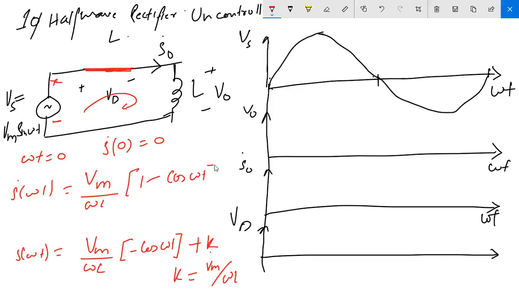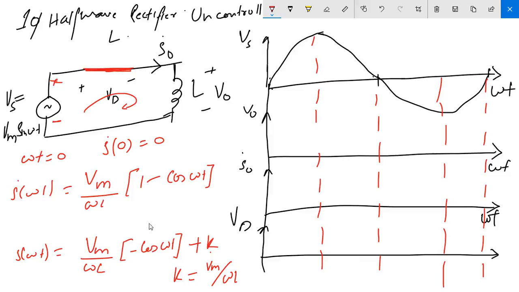So this is one of the important equations. If you draw the waveform, what will happen? Suppose this is the pi by 2 axis and this is my 3 pi by 2 axis.